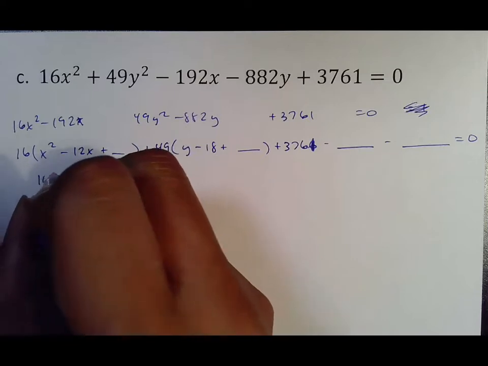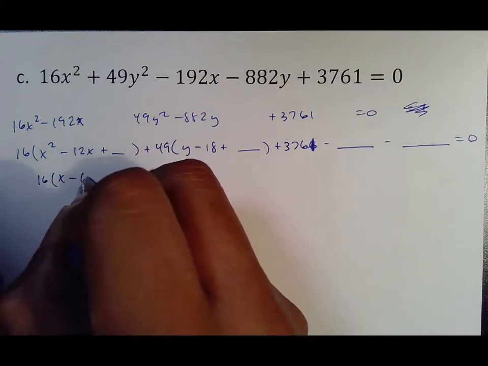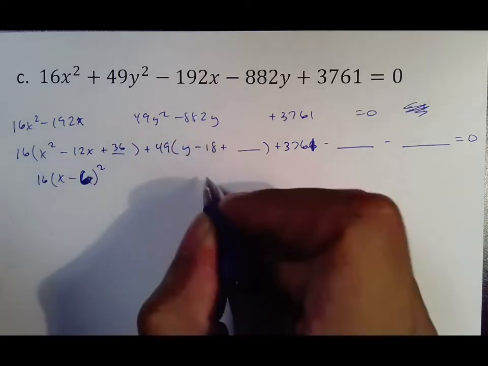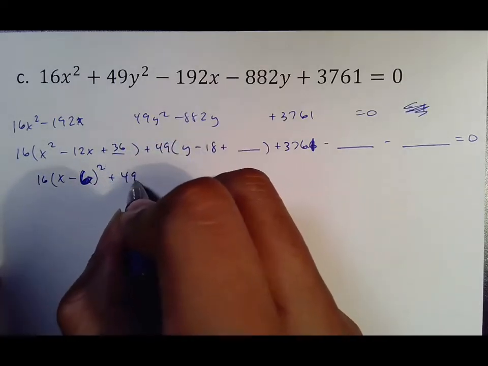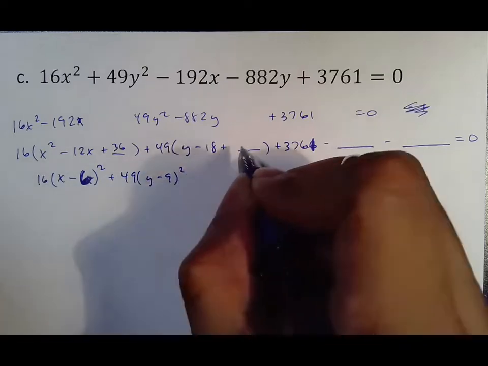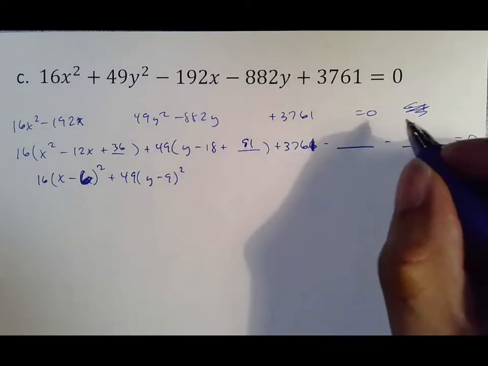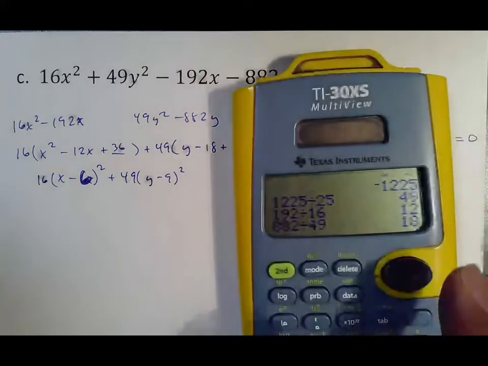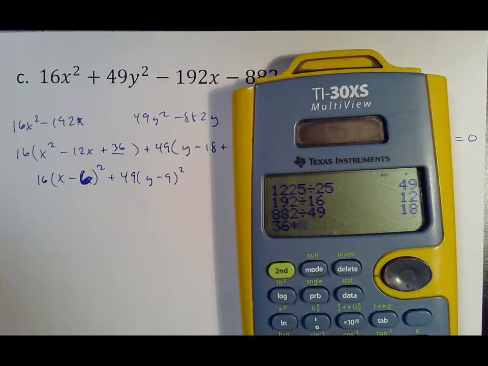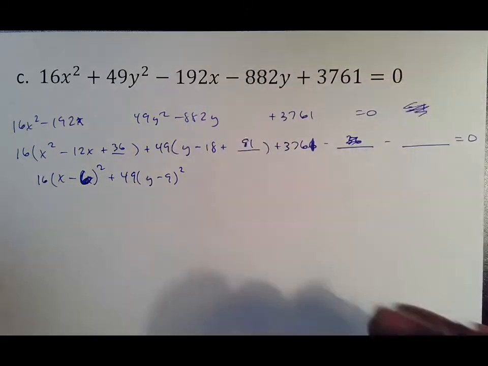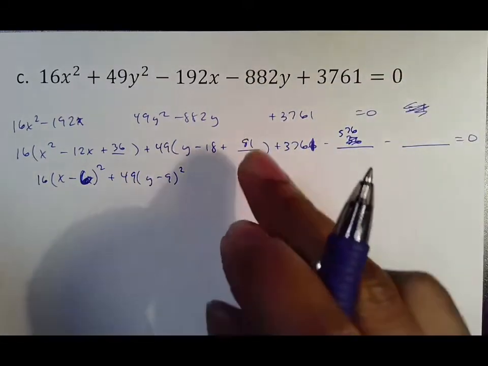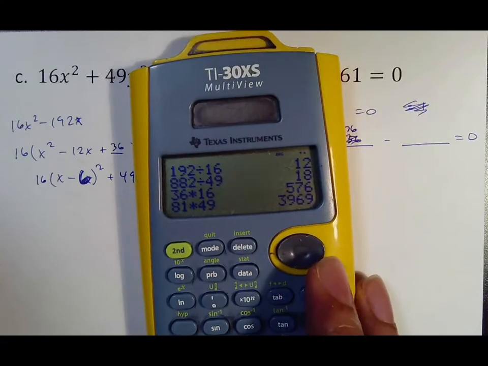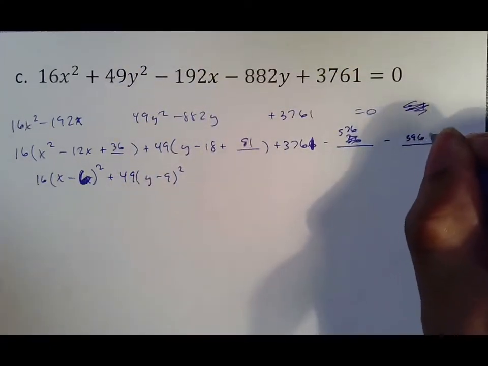And then we get ready to wrap this up. 16 times x minus 6 squared, which makes 36, plus 49 times y minus 9 squared, which makes 81. 36 times 16 turns into 576. 81 times 49 turns into 3969.